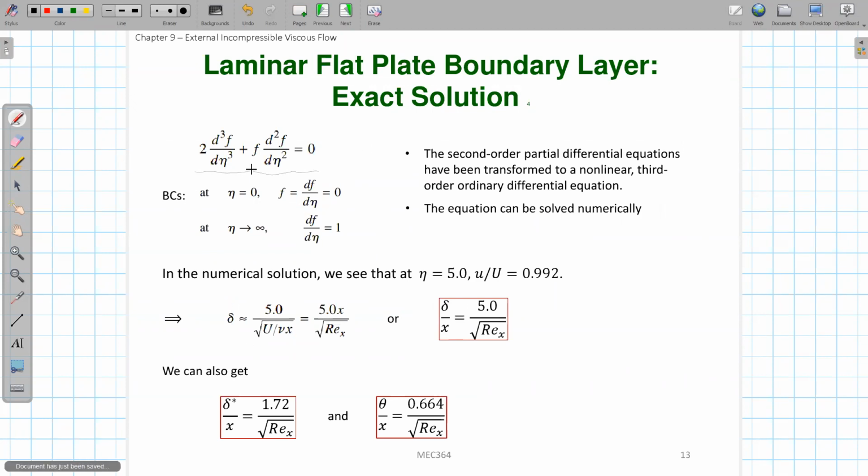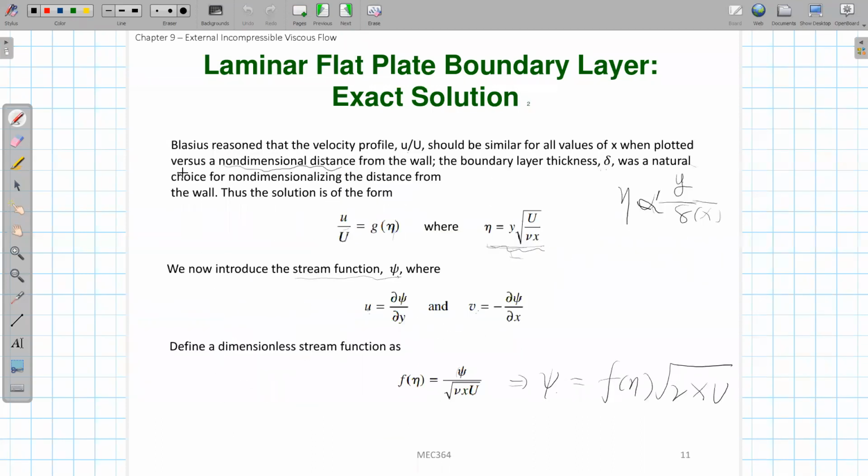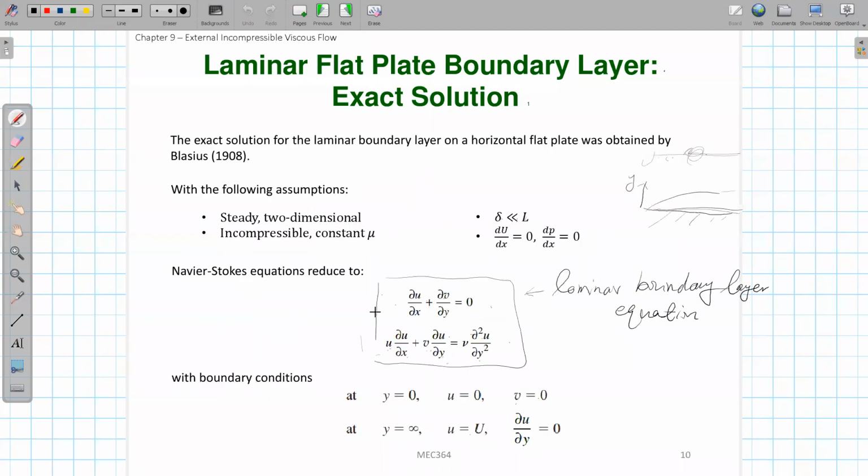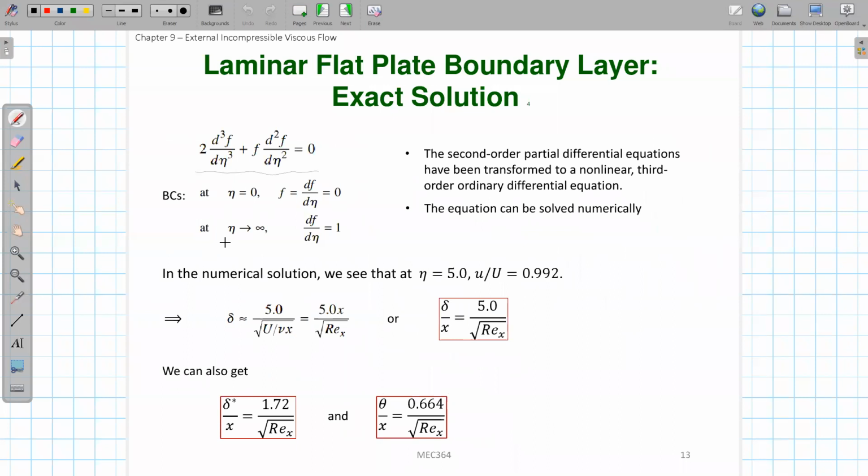What's the difference between this one and the previous one? Previously we needed to solve these two, right? So this was a coupled second order partial differential equation. And now we only need to solve this one, a single third order ordinary differential equation. So this is not a partial differential equation anymore.